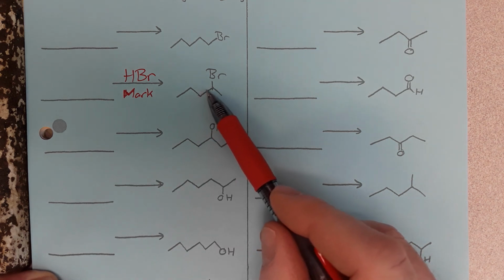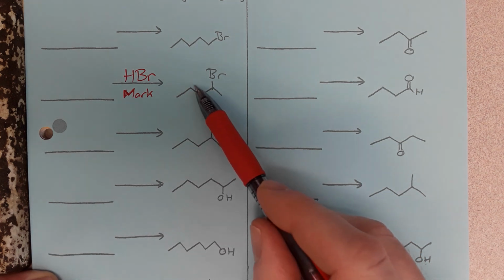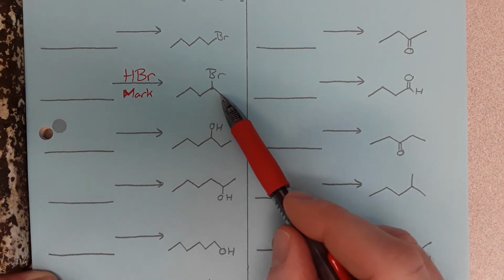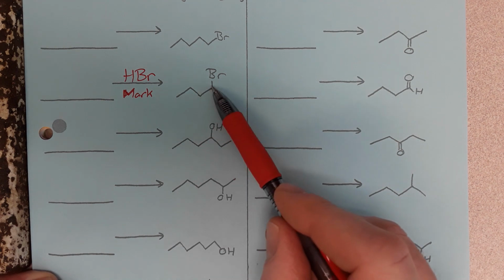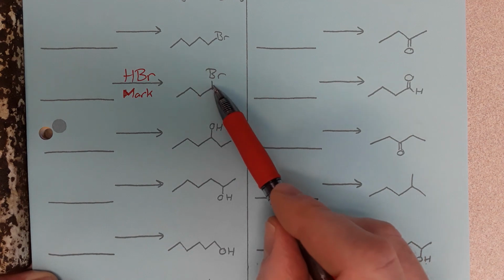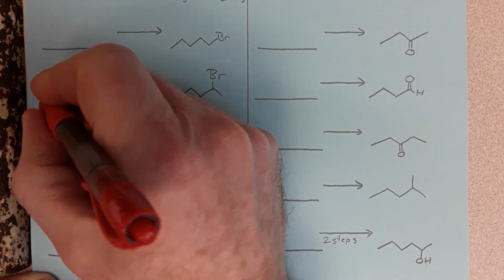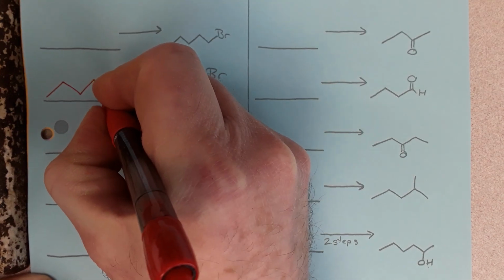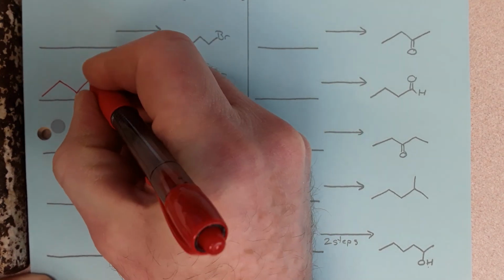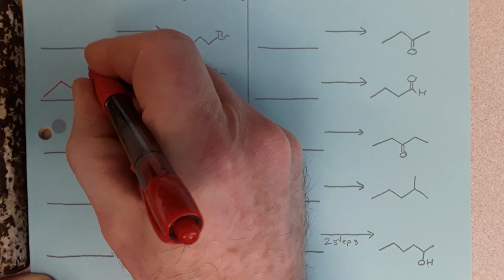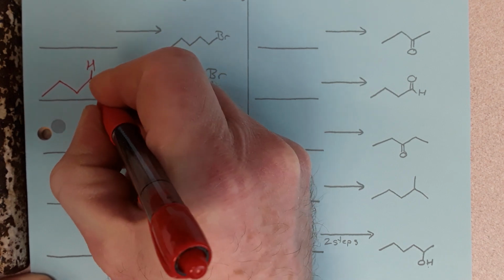If you put the double bond here, then the original compound would have a double bond with one alkyl group at the left end and one alkyl group at the other end. So there's no preference for adding the bromine to one end or the other. So if the double bond was here, half the time the bromine would add to this end, and half the time the bromine would add to the other end. So if we put the double bond at the other end, going the other direction, then here is your original compound.